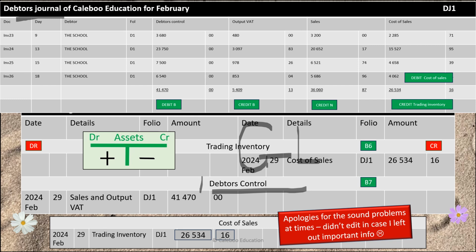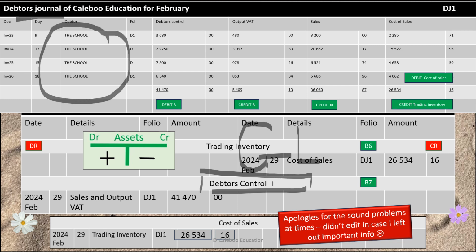Debtors control is a summary of all my individual debtors. In this exercise, Calibre Education has only one debtor, the school. So this control account represents the school. We have sold that amount in total to date.